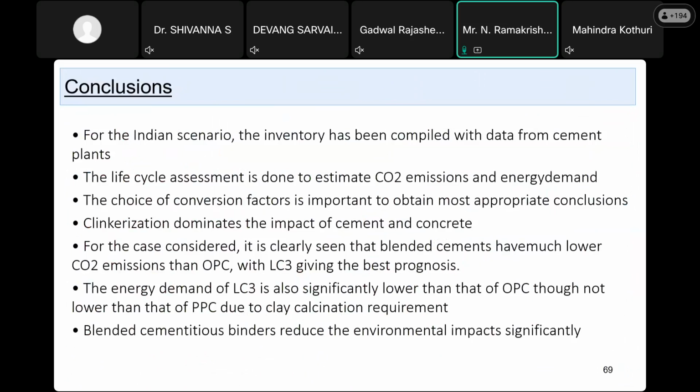CO2 emissions, and then in terms of the energy consumed, you can see here, blended cements have much lower CO2 emissions than OPC, with the LC3 giving the best. So energy consumed, PPC is best. Earlier I told you with some percentage variations also. So the bottom line is blended cement binders reduce the environmental impact significantly.